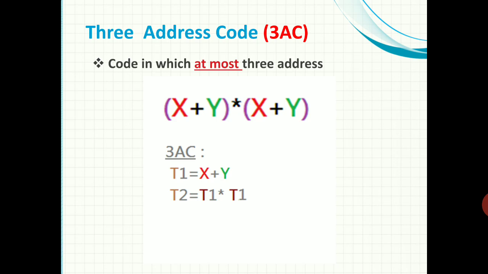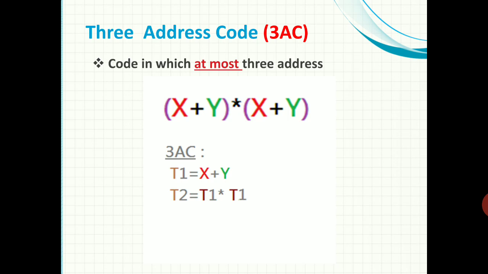For example, you can see here x plus y star, then again x plus y. We are going to convert this expression into three-address code. In this case, there are four references: the first x, the first y, the second x, and the second y.